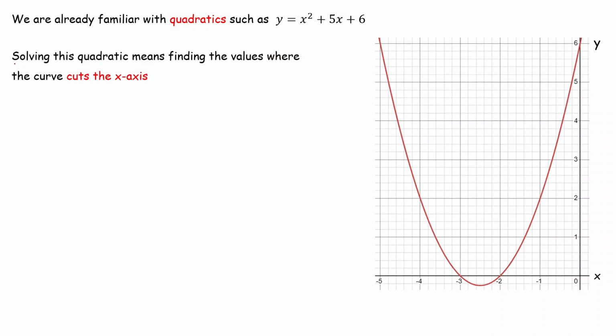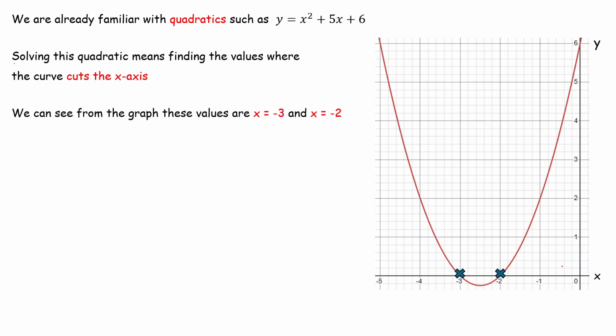Solving, which is our keyword for today, means finding the values where the curve cuts the x-axis. So where does this red curve cut through the x-axis? If I put it on screen, we're looking at these two points here. This is what solving means: finding the points where the curve cuts the x-axis.